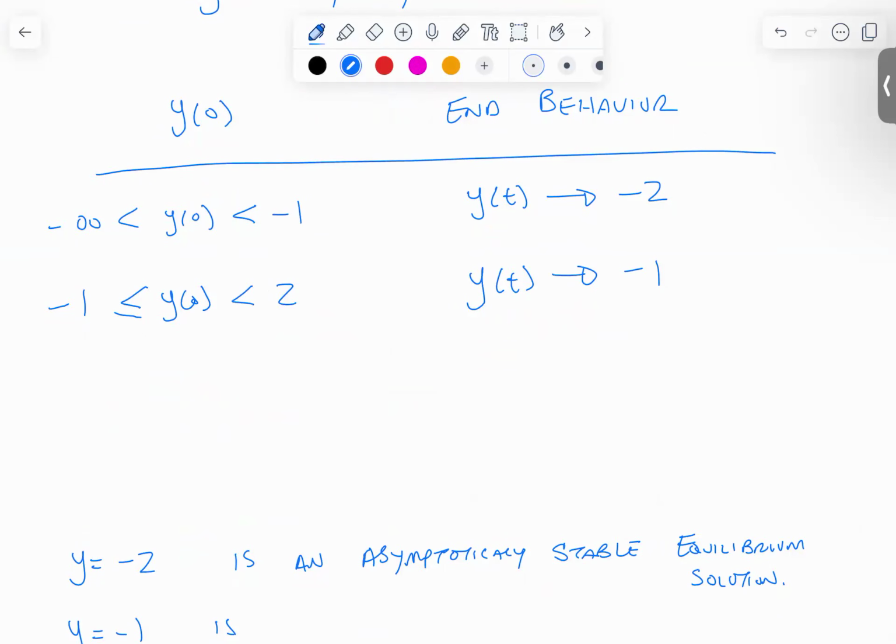They shouldn't be passing through it, they should be ending on it. Always at minimum, y0 of -2 hits -2, y0 of -1 hits -1. That value that we found those asymptotes for, they have to hit that value.